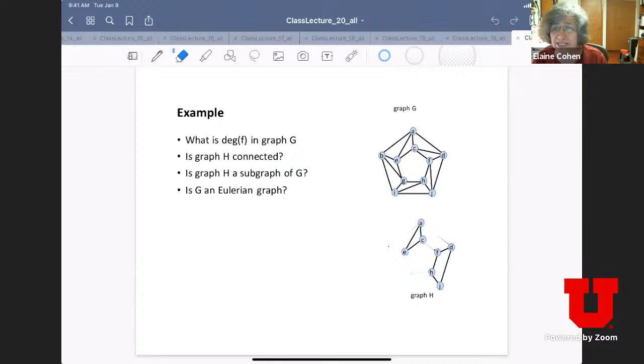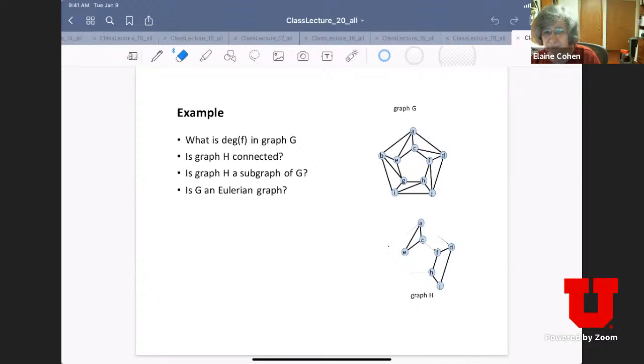No. We have a quantitative way of knowing if it's Eulerian. How many edges are incident on vertex A? 4. That's an even number. How many edges are incident on vertex B? 4. That's an even number. Vertex C? 4. Even. Vertex D? 4. Even. Keep going until we get down to vertex J, and there are 4 edges incident on vertex J.